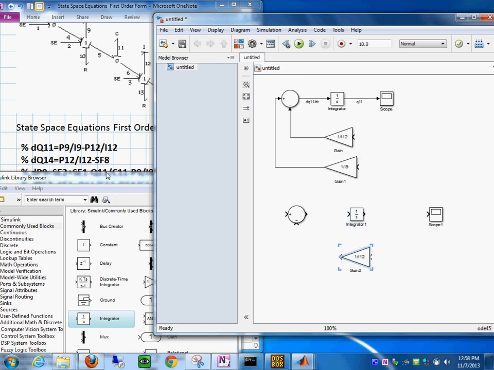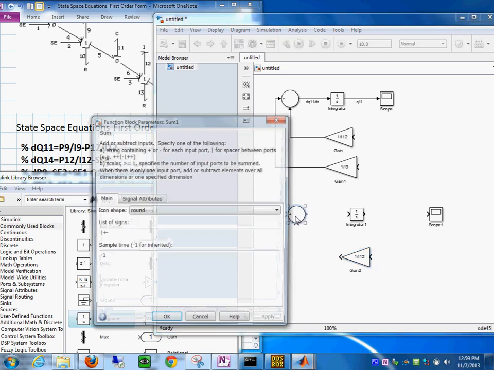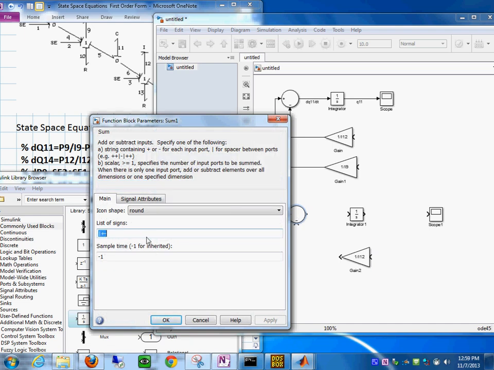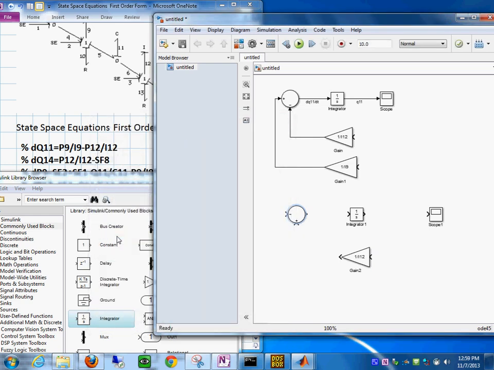We just need the summation point to have one minus for the source and one plus. So I'm going to put the minus first and the plus second. So this would be minus and then plus, yeah?